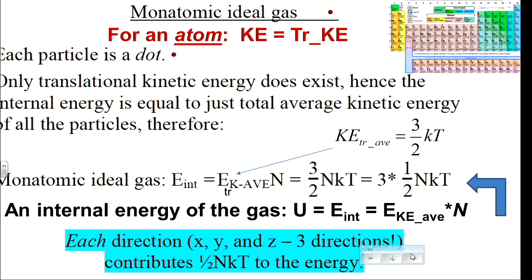Those molecules can only travel in space, they can't rotate practically. But if we have a hydrogen molecule, H2, it has two atoms. This molecule can travel in space, but also it can rotate about two different axes.